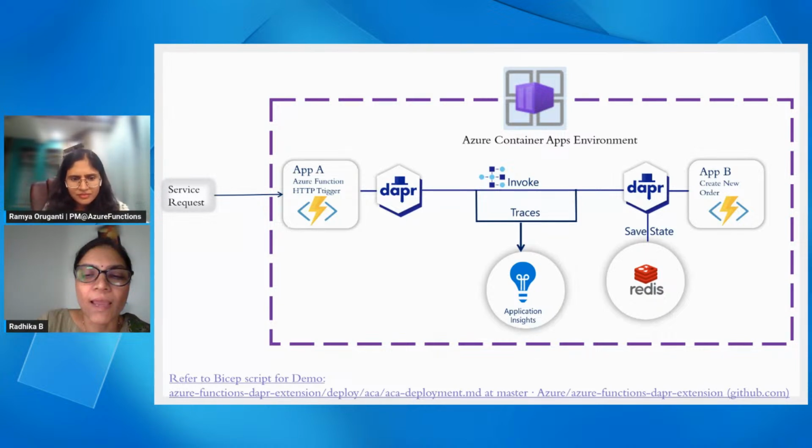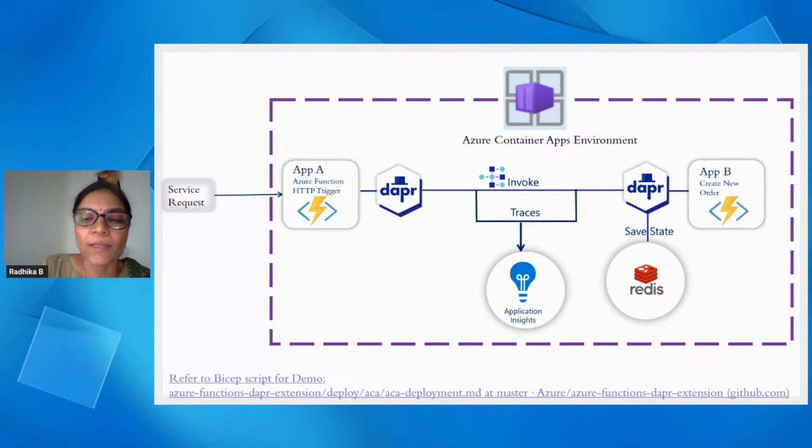I will share my screen. While I bring up my screen, as you all know, most functions users are familiar with local function development, where you can try things out locally and then push your code to the cloud. Similarly, Dapr has its self-hosted mode where it runs locally, with functions running locally with your function host.